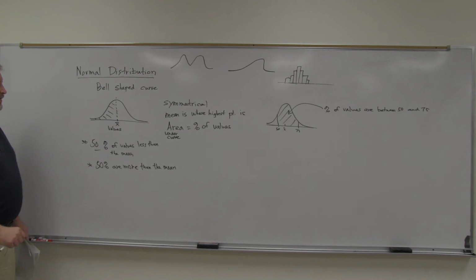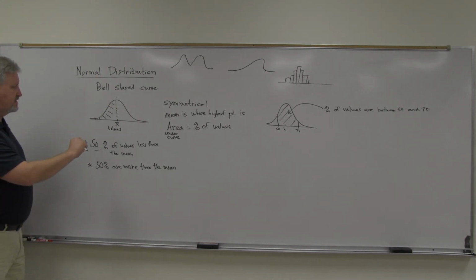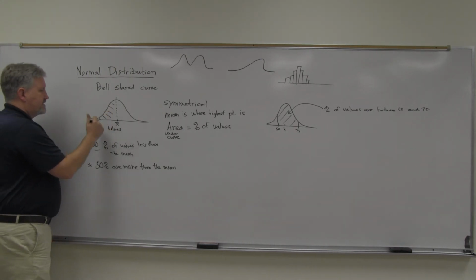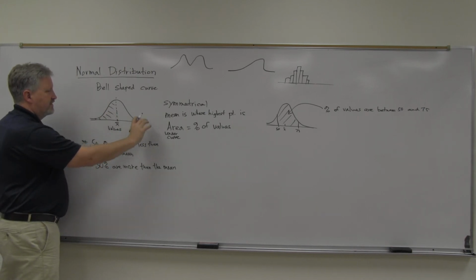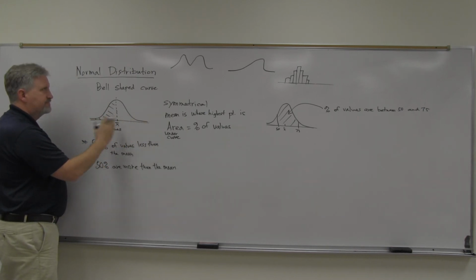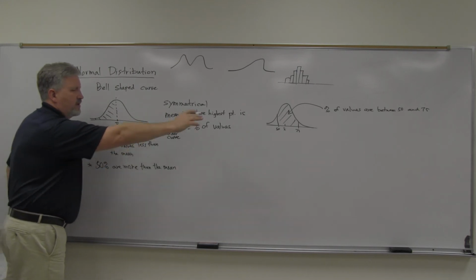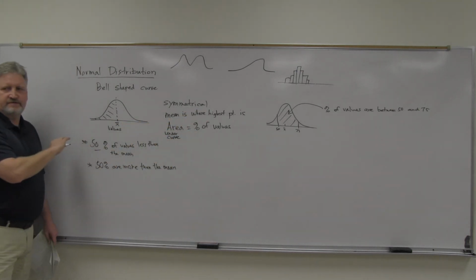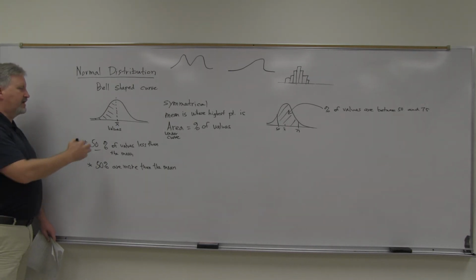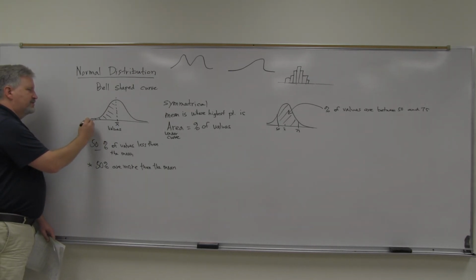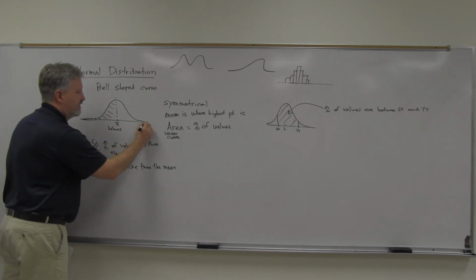One other thing to understand is that I've drawn this so it tapers off at the end, and essentially what that's saying is you could go on out forever in both directions. In actuality, it gets so close that you're basically out here and out here.